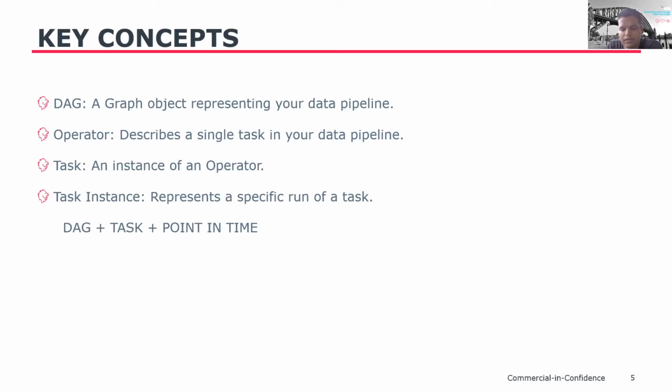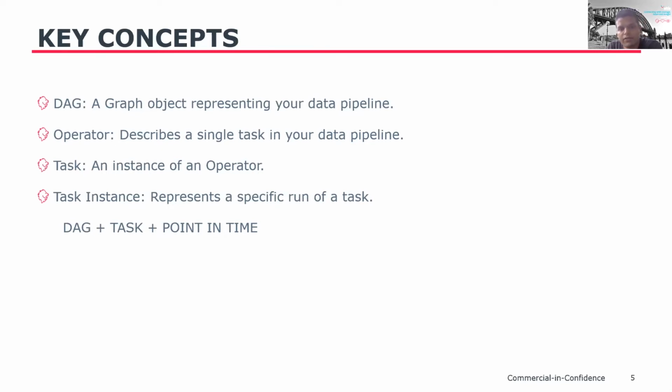A DAG is where you provide a context for your schedule, giving it a name, an ID, and the time that it needs to be executed, and also the dependencies among the various DAGs. So that's what a DAG is.